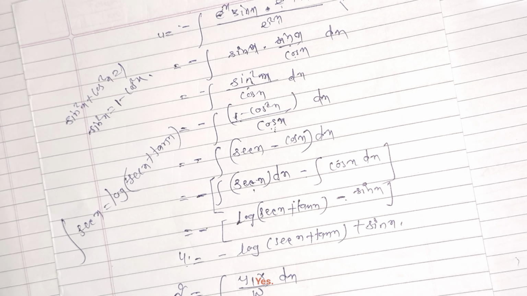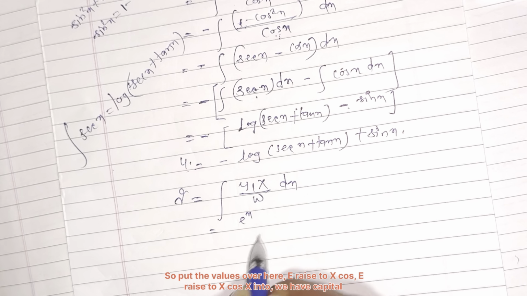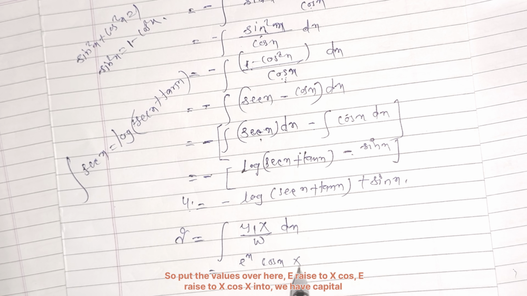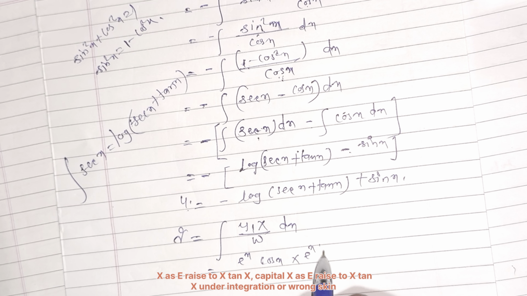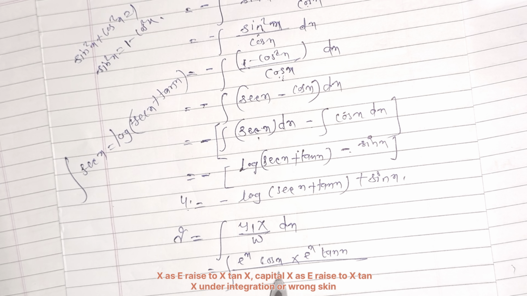So put the values over here: e raised to x cos x into capital X, which is e raised to x tan x, under integration, divided by the Wronskian.